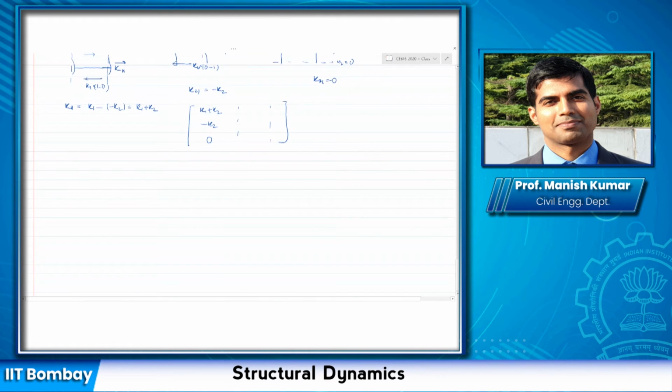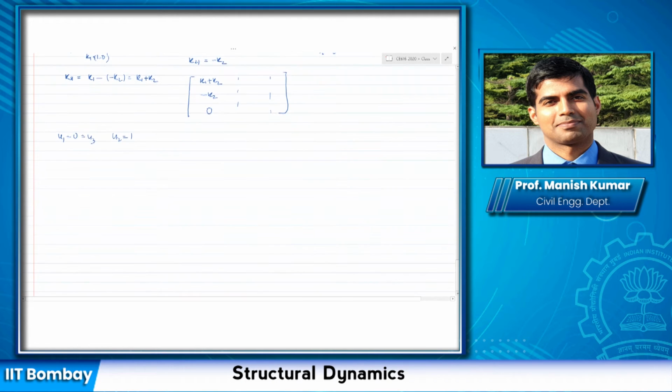So for the second case, I consider U1 equal to 0, equal to U3, and U2 equal to 1. So basically I'm considering this shape here. Okay, in this case, it is something like this.